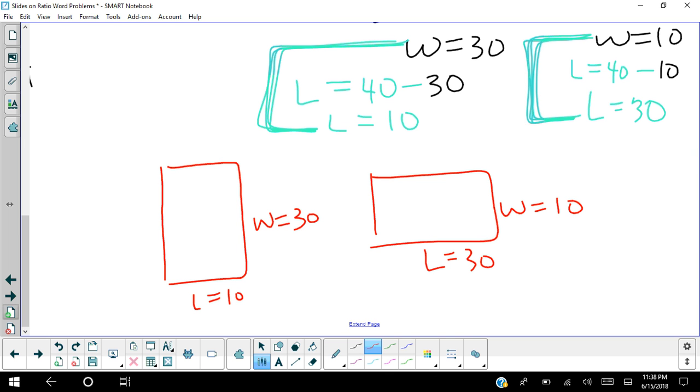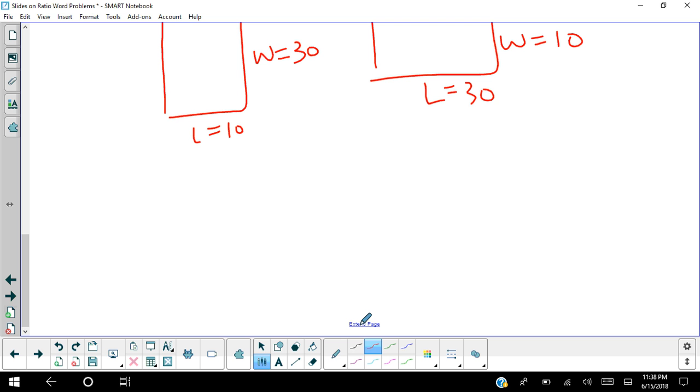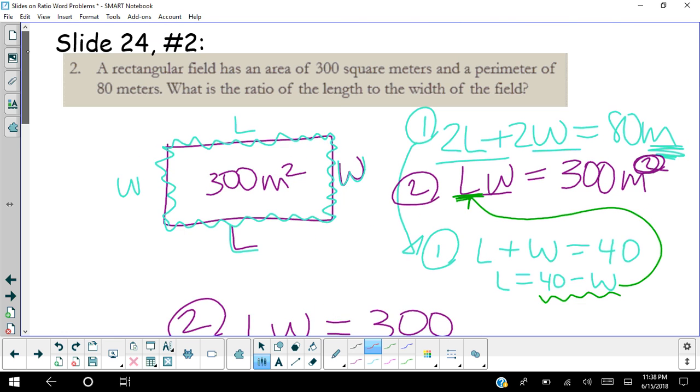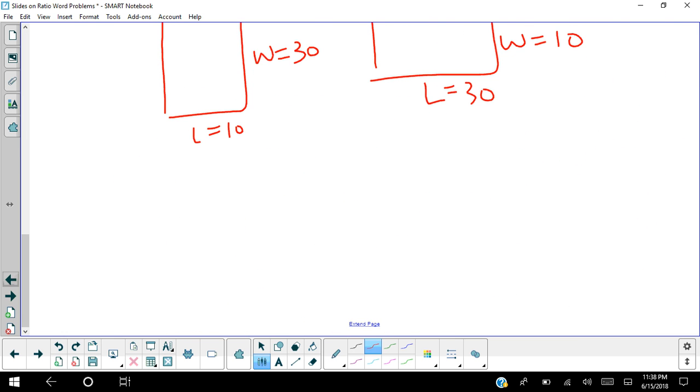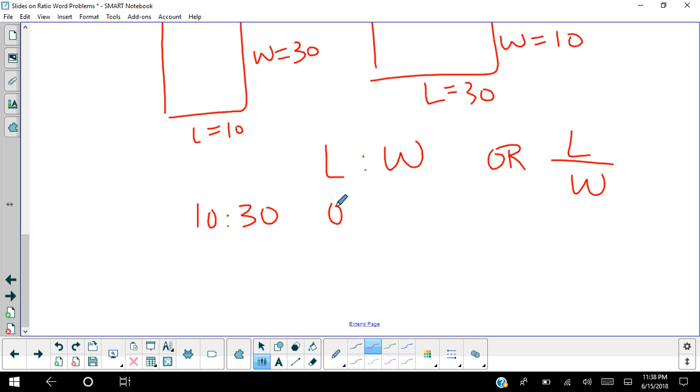I do think to be able to answer this question, because my final answer is supposed to be the ratio of length to width, so L to W, or L to W that way, however you want to write your ratio. We would have two different ones. We would have one that was 10 to 30, or we would have one that was 30 to 10.